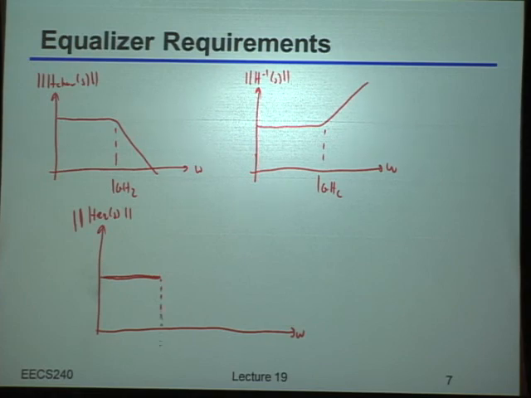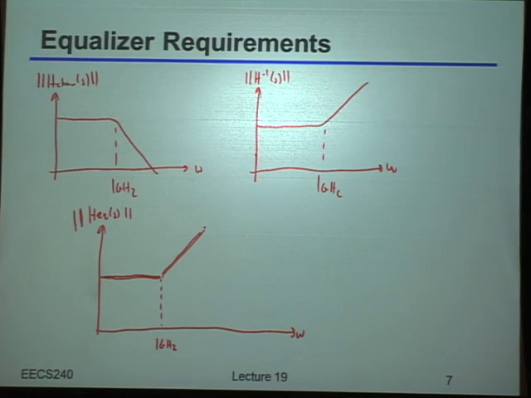As before, we're still going to want to put a zero at 1 gigahertz, because that's the way we're going to start compensating for the frequency roll-off of the channel itself. So the thing is going to start increasing there. But now, as we said before, we have to have a finite bandwidth. There's kind of no way around that.